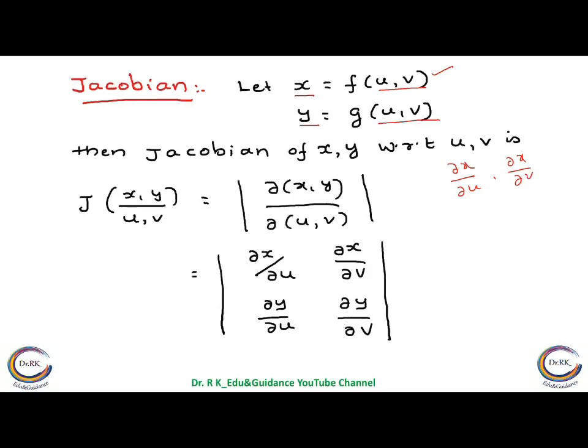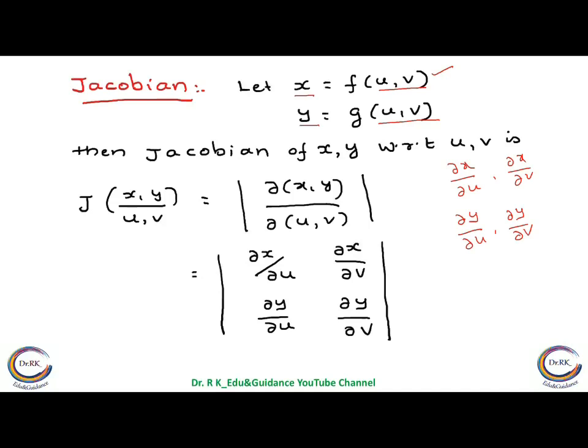Similarly, we can have partial derivative of y with respect to u, partial derivative of y with respect to v, right? We can find that. So with this understanding, let us define the Jacobian.